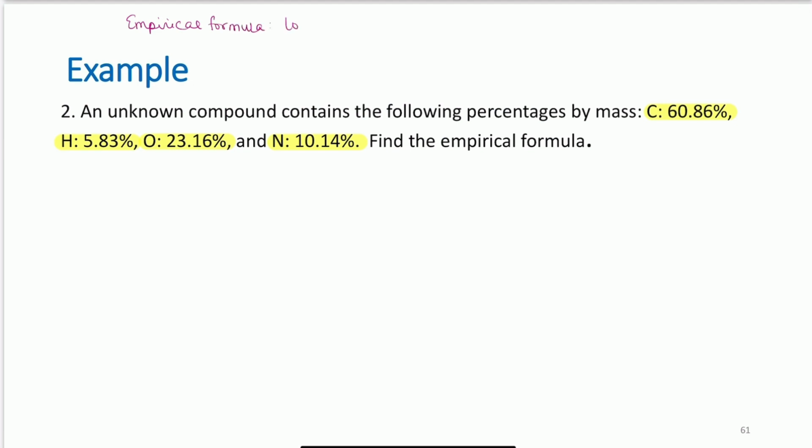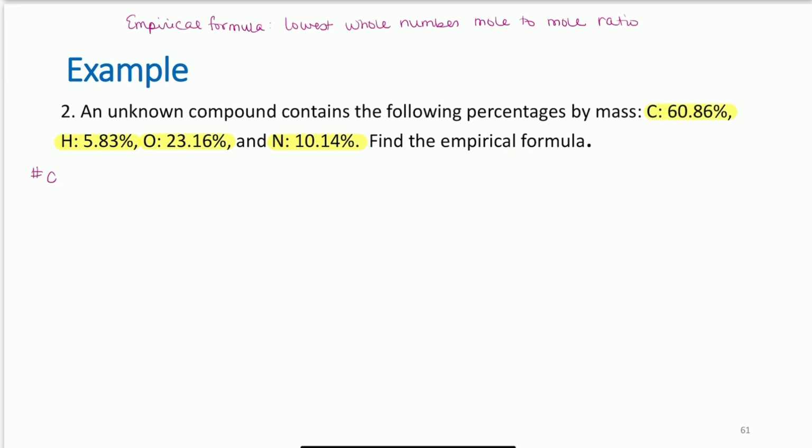Empirical formula is your lowest whole number mole-to-mole ratio. So I'm looking for lowest numbers, whole numbers, and mole-to-mole ratio. Hopefully that helps remind you that the first thing you need to do is calculate moles.